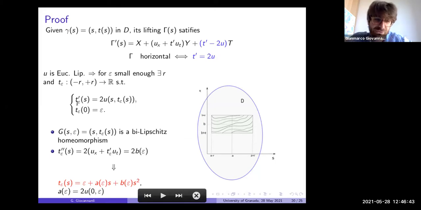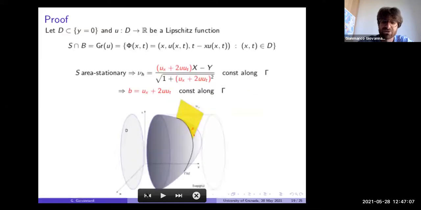If we now compute the second derivative with respect to s of t epsilon, we have to apply the chain rule: ux times 1 plus ut times the first derivative of t epsilon, which satisfies the equation. So this is indeed equal to the constant b I defined before.